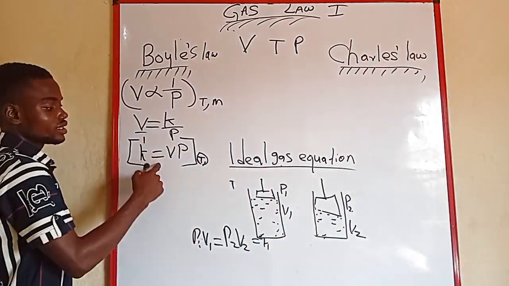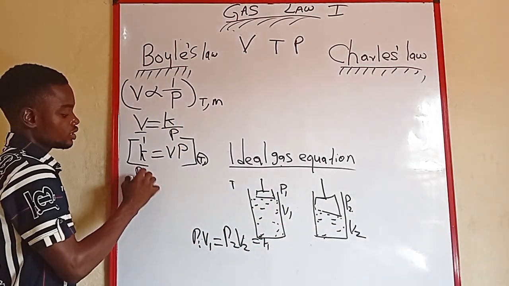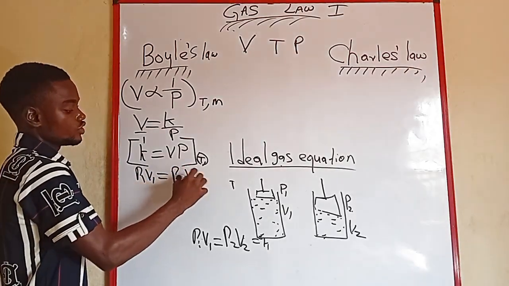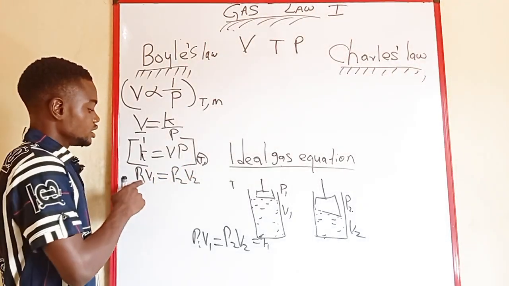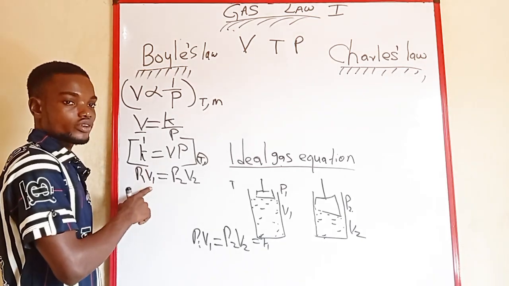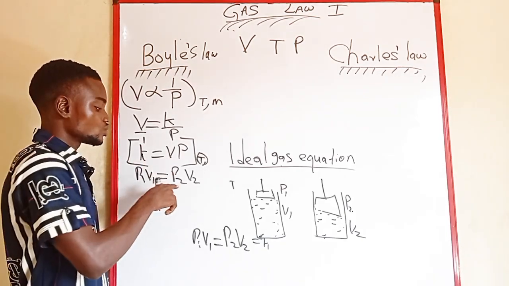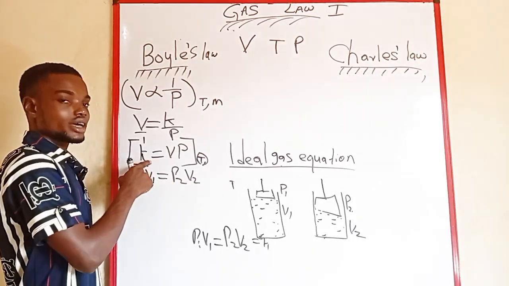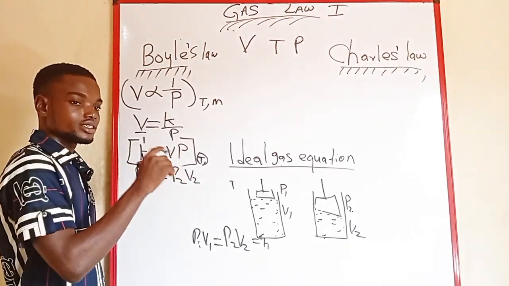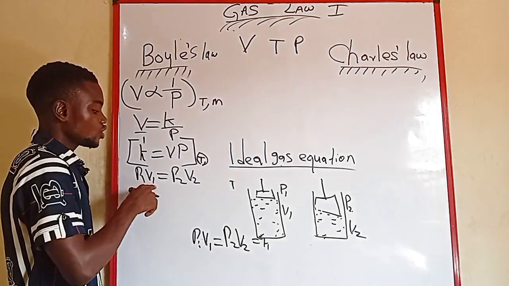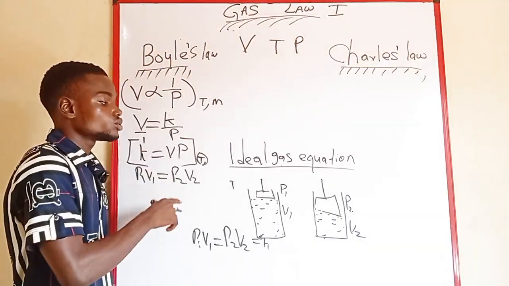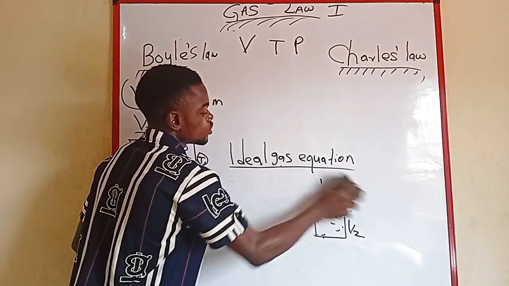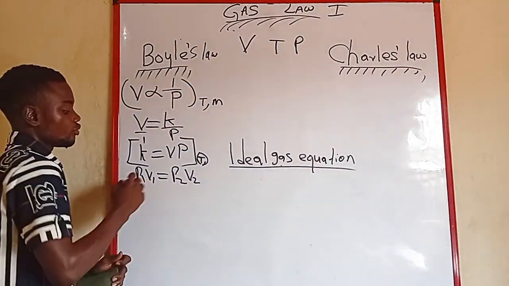So we can now state from here that P1V1 is equal to P2V2. That is, we consider the initial pressure and initial volume of a gas, now subjected to a new pressure and a new volume. Since the constant VP for every gas is like that, that means P1V1 is going to be equal to P2V2. So here is our gas law equation for Boyle's law.